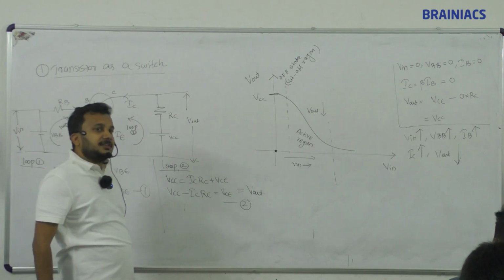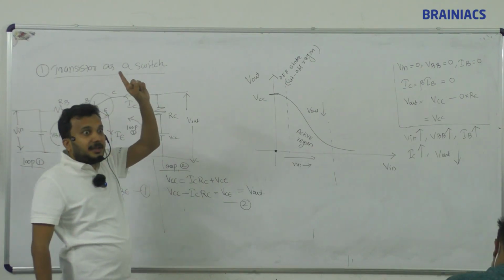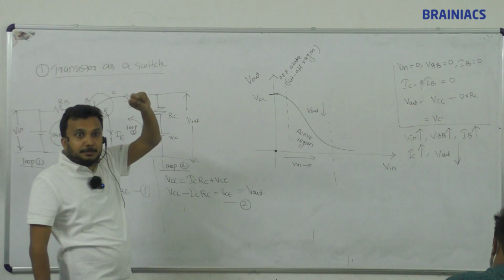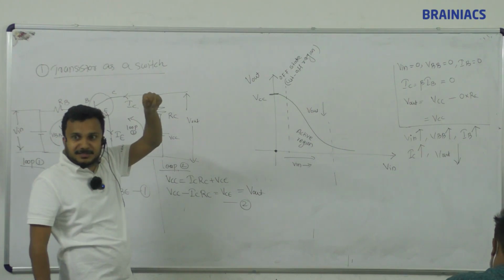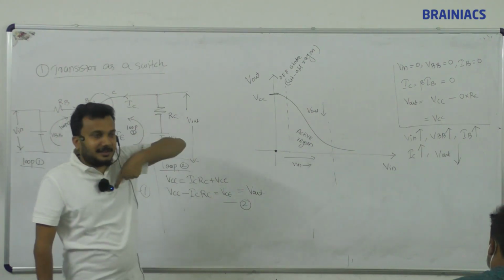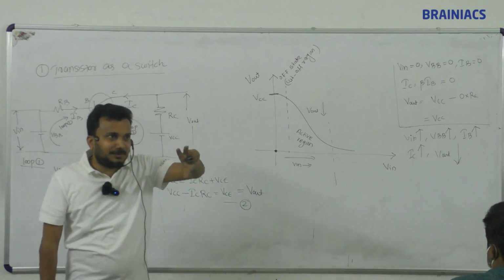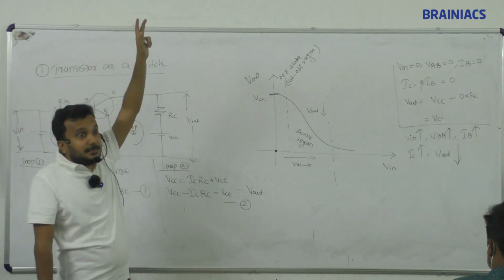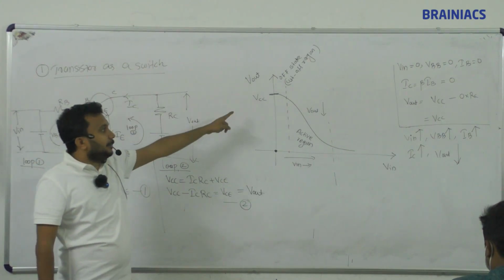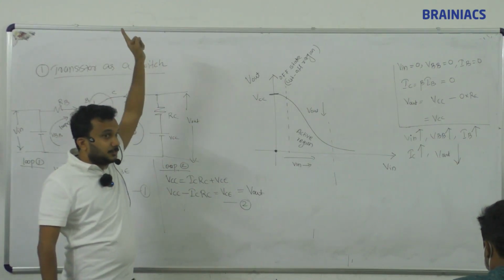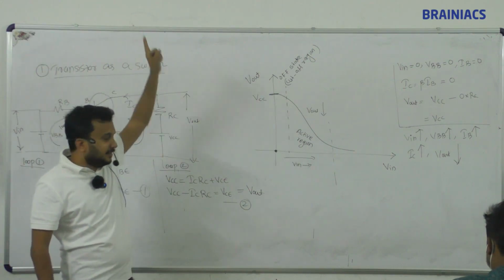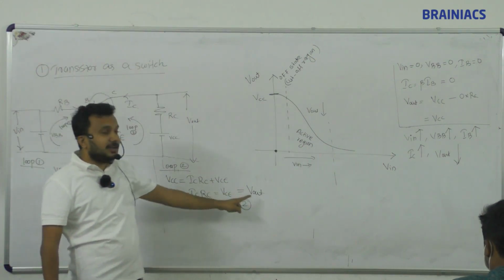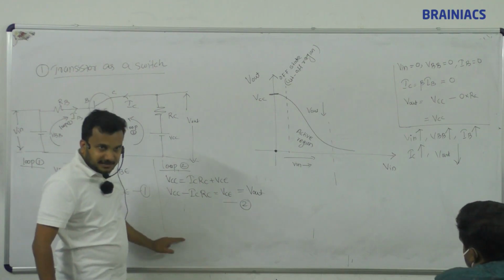Now you increased. I told you IB can reach a maximum value, like a pipe in a knob. After that, can I increase IB? No. So when IB reaches the maximum value, IB is very high, so IC is very high. If IC is very high, V out is very less.